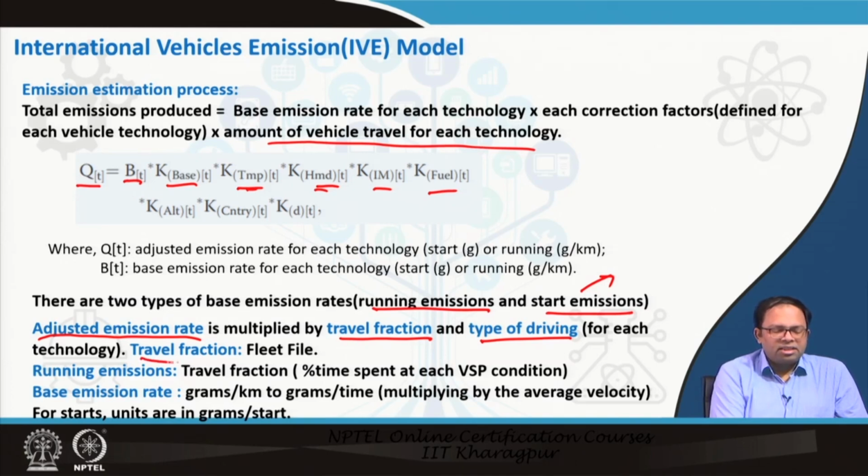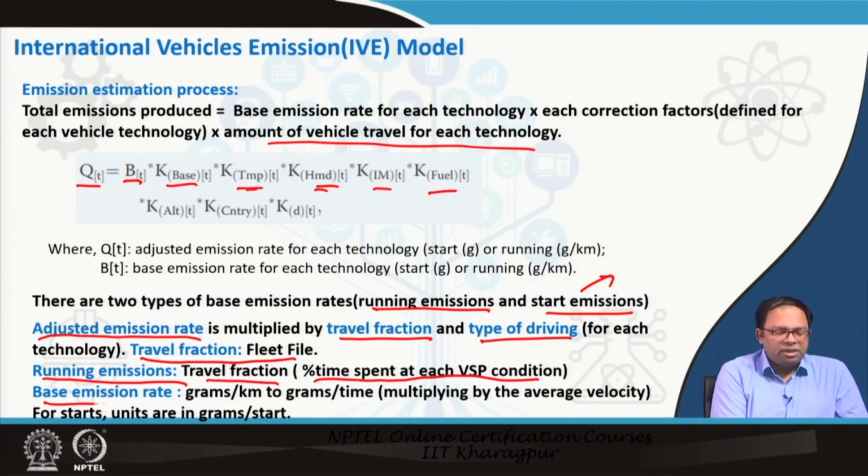This travel fraction comes from the fleet file that we showed in the previous slide, and we measure the running emissions based on this travel fraction, that is the percentage of time spent at each VSP condition. That means time spent at different speeds will be combined.